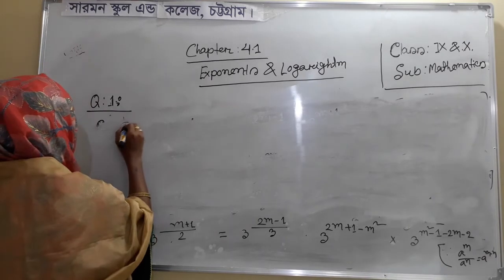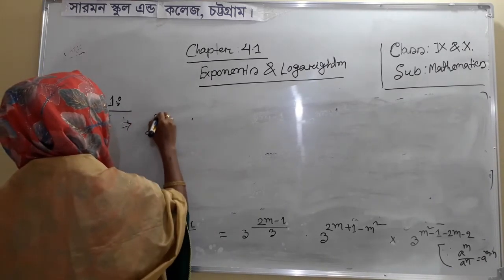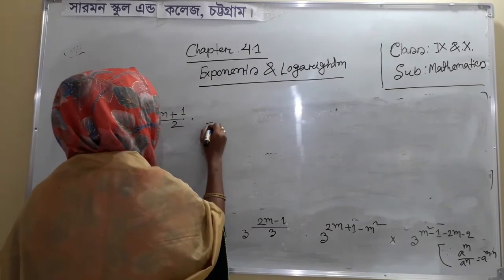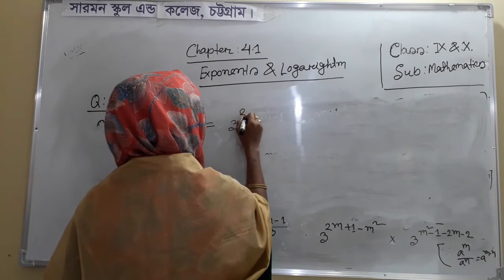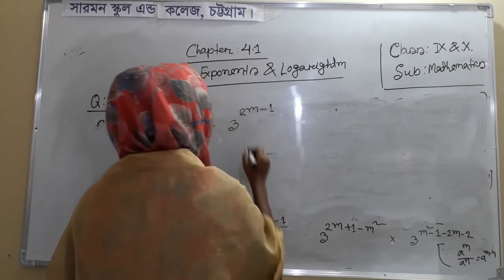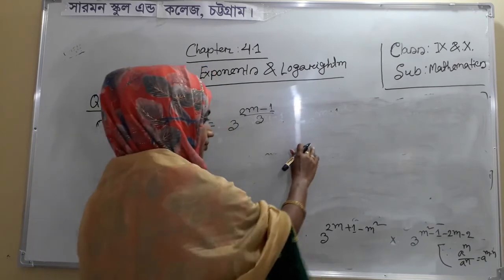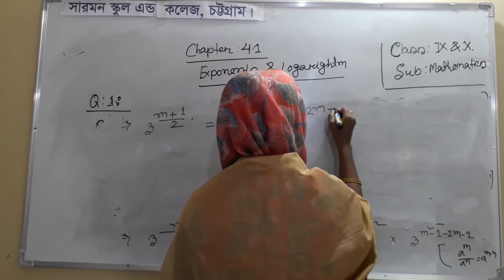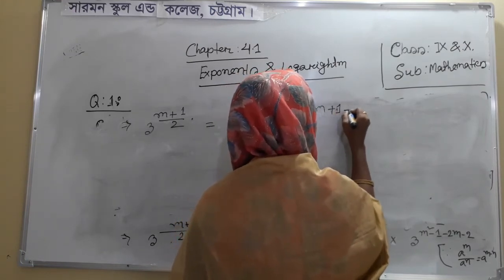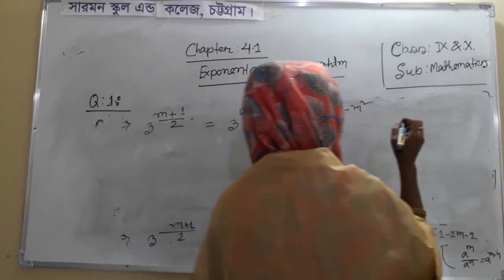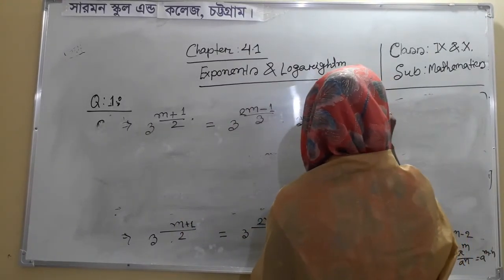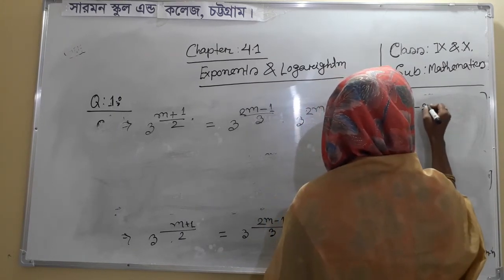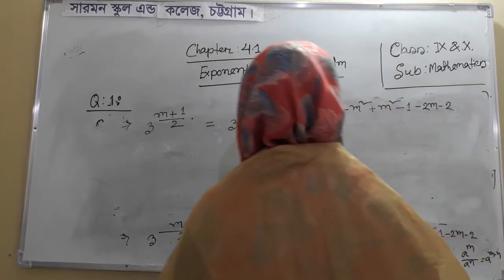Now 3 to the power m plus 1 divided by 2 equals 3 to the power 2m minus 1 divided by 3 into 3 to the power 2m plus 1 minus m square plus m square minus 1 minus 2m minus 2.